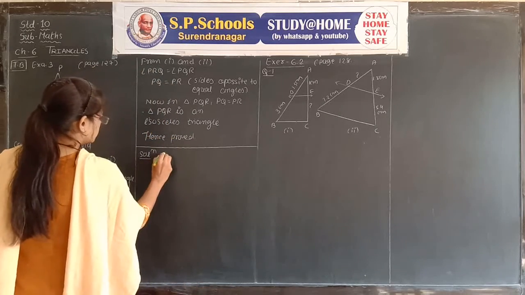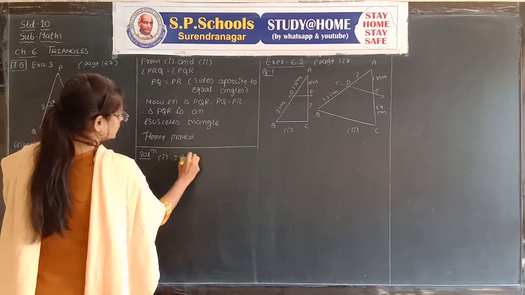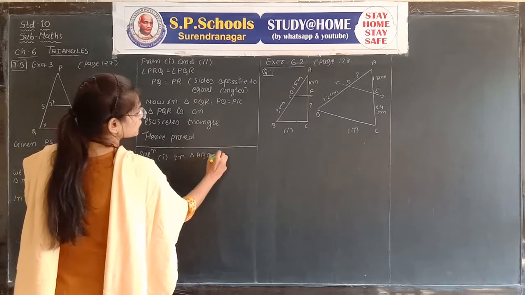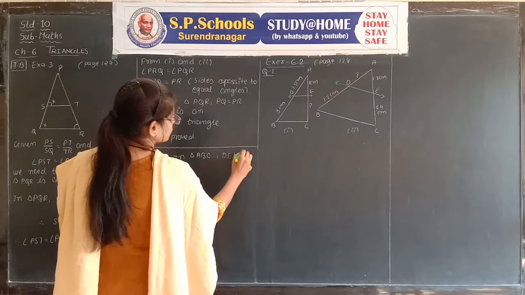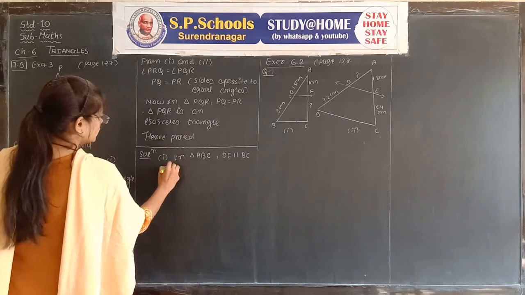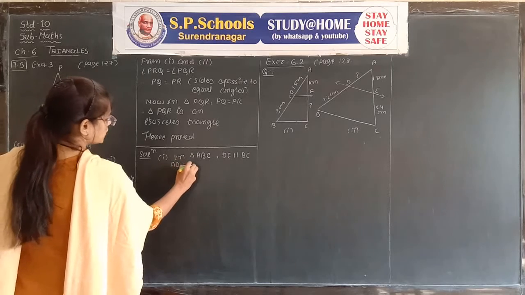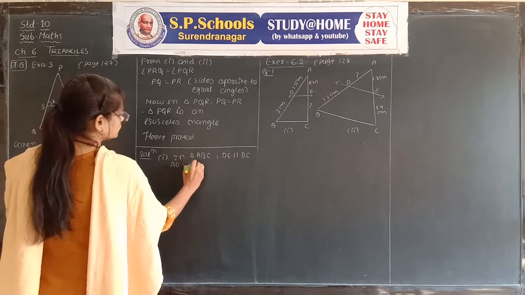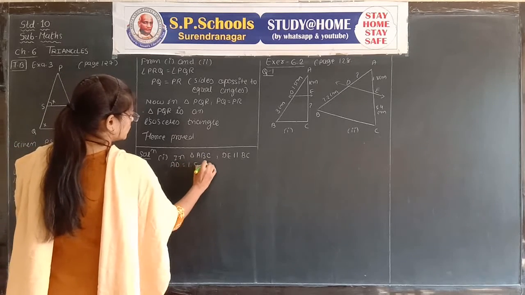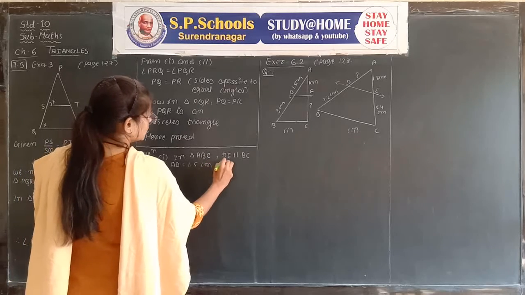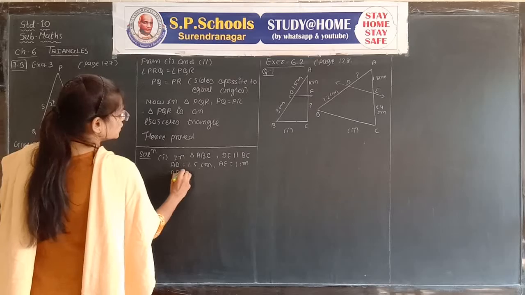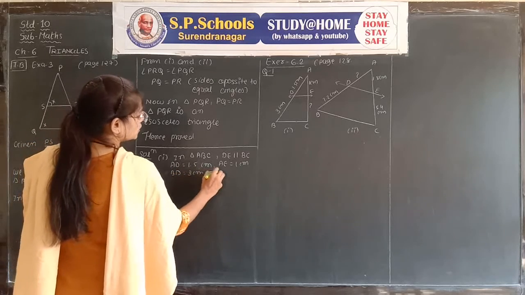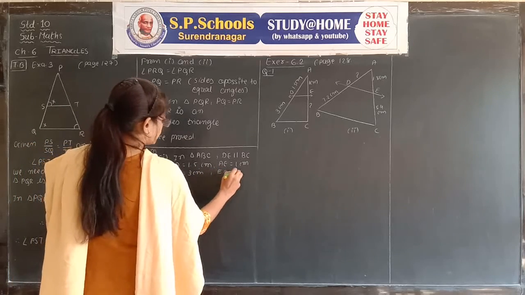For the first one, in triangle ABC, DE is parallel to BC, given that AD is equal to 1.5 centimeter, AE is equal to 1 centimeter, BD is equal to 3 centimeter, and EC is equal to question mark.